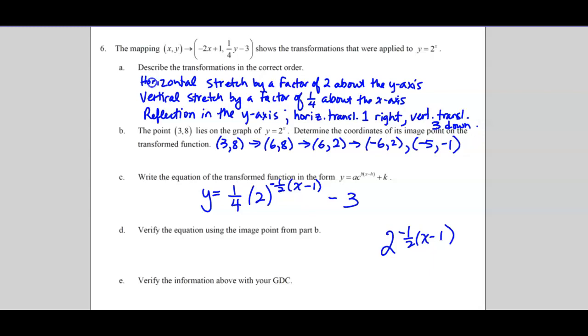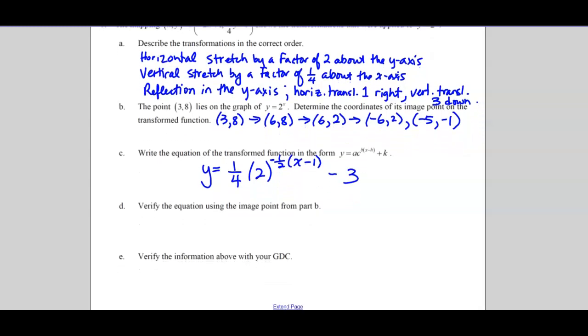Well, I know what I'm looking for, so I kind of know that that's probably going to mean an exponent. But it could mean, maybe you mean 2 minus 1/2 times x minus 1, right? So make sure that you are trying your best to show an exponent as a smaller superscript.